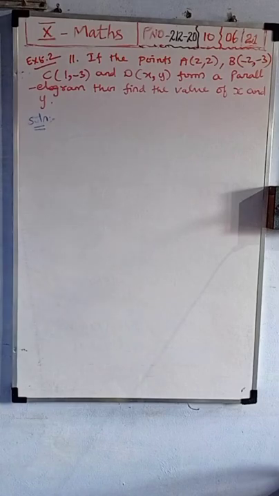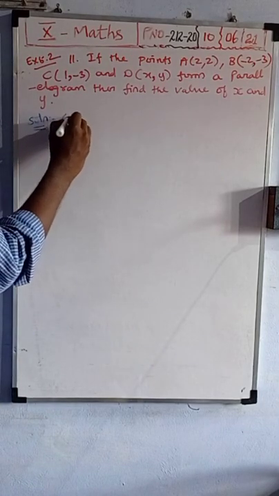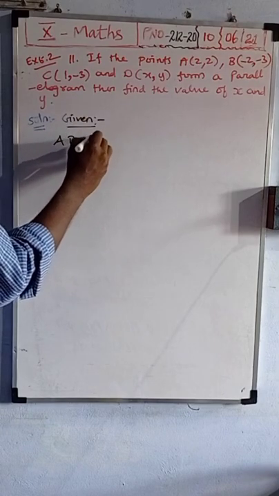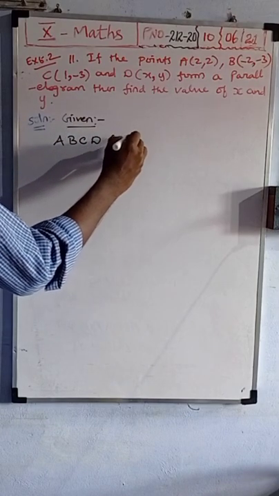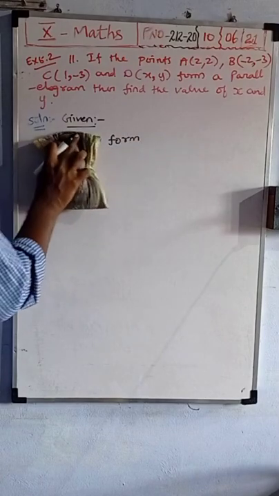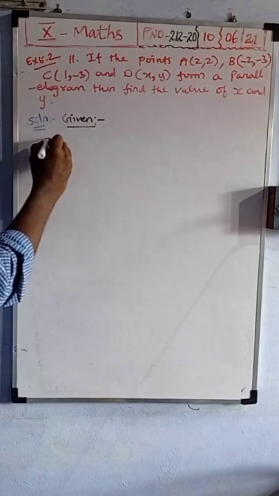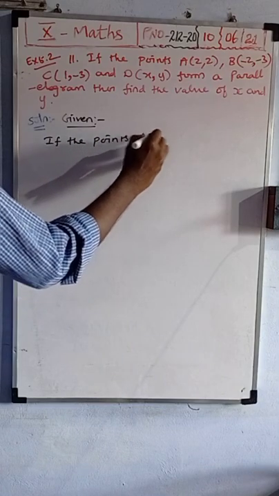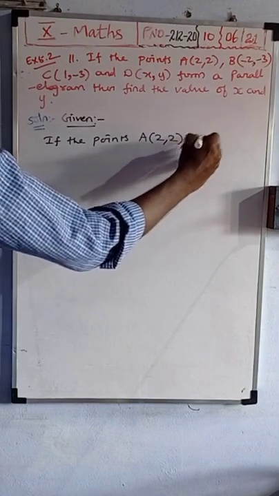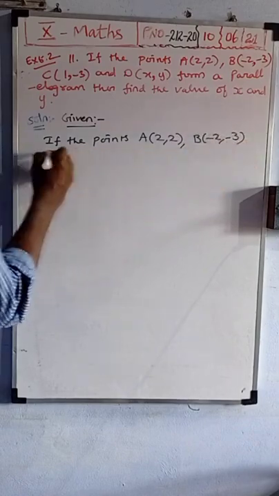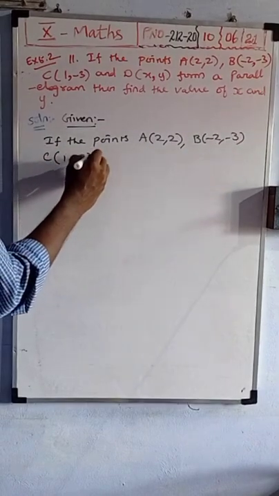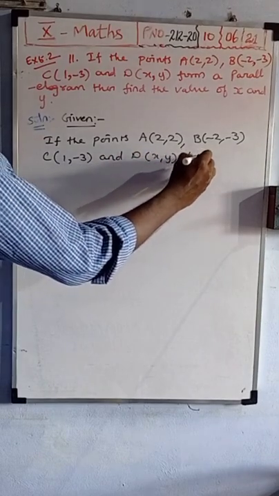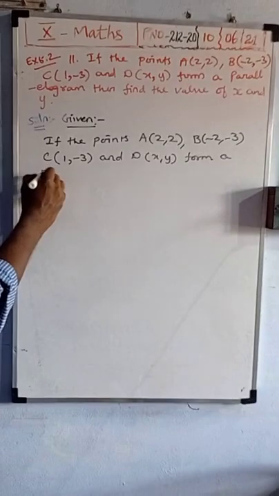See the solution. First you should write the given points. Given: the points A is 2 comma 2, B point is minus 2 comma minus 3, C point is 1 comma minus 3, and D point is x comma y, form a parallelogram.